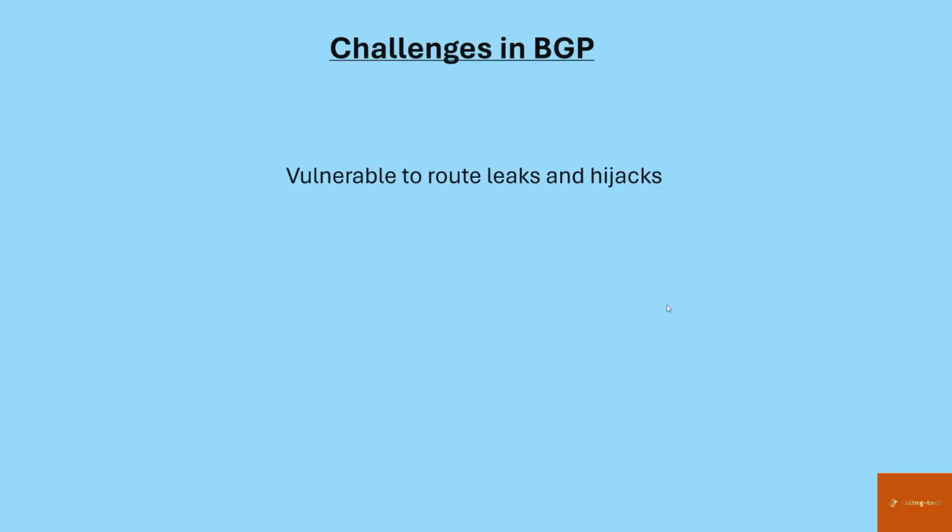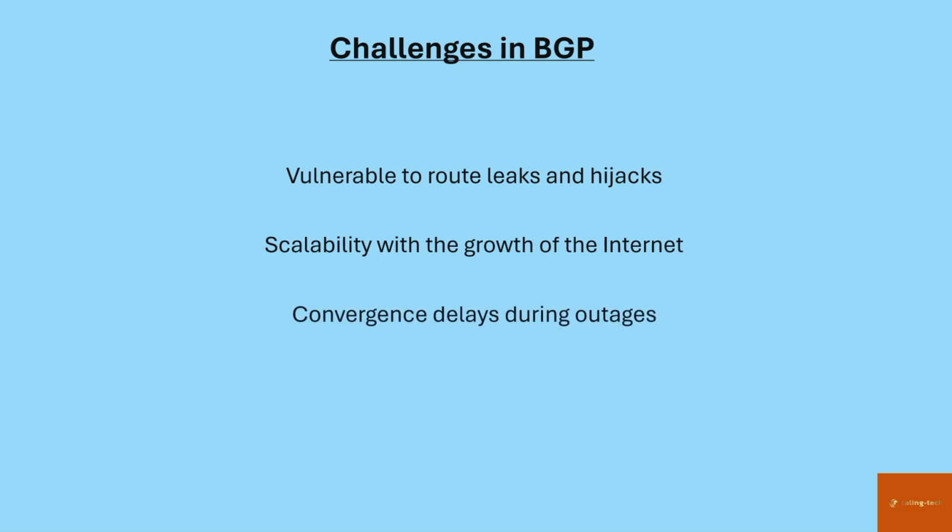Here are a couple of challenges that we can face in BGP, and again, we'll look at how we can try to minimize these challenges when we do configurations. BGP could be vulnerable to route leaks and hijacks. There's scalability, with the growth of the internet and the speed that the Internet of Things is growing. And there are convergence delays during outages.